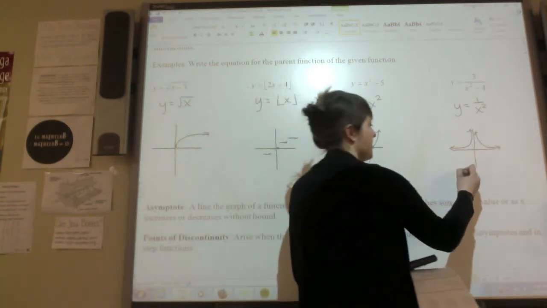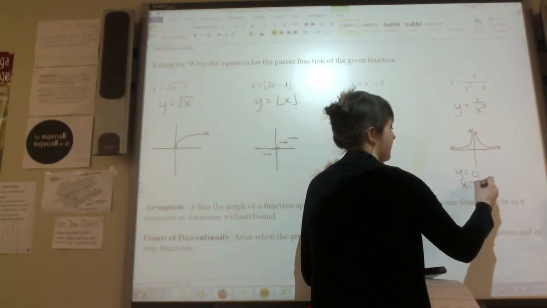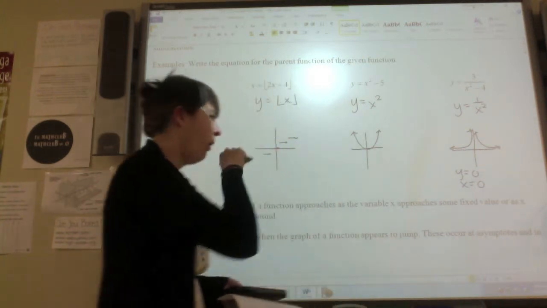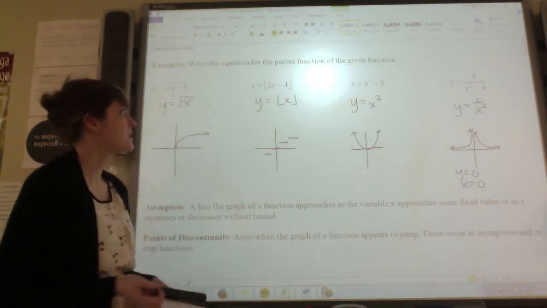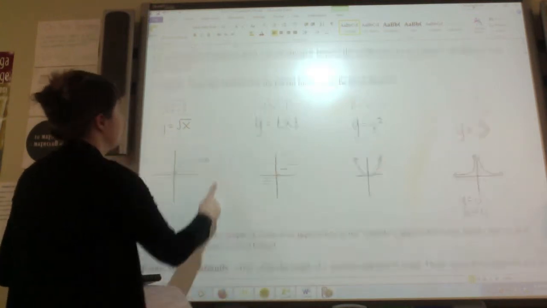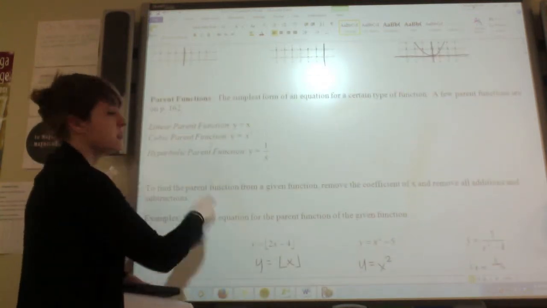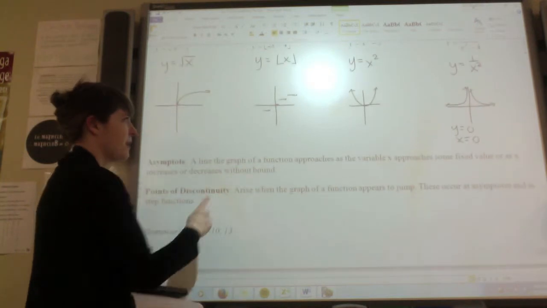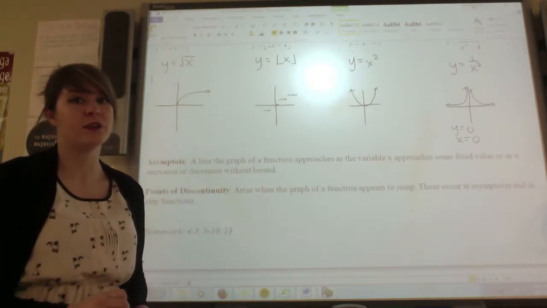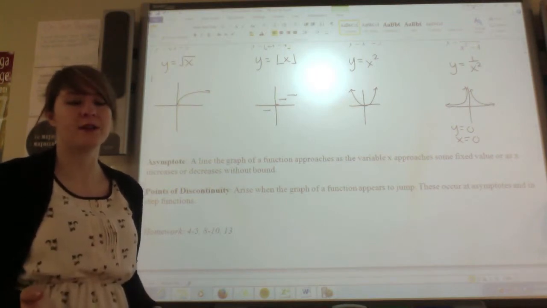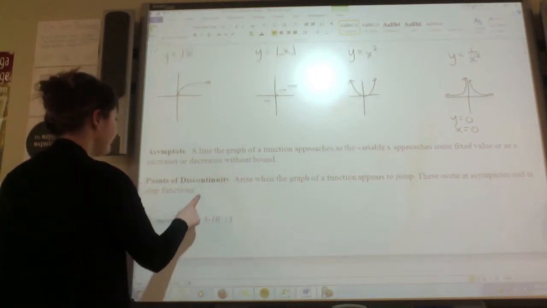So this has asymptotes at y equals 0 and x equals 0. You might want to go through the parent functions on page 162. I would go through each of those parent functions and make sure that you can list out the asymptotes for each and determine whether or not something has an asymptote.